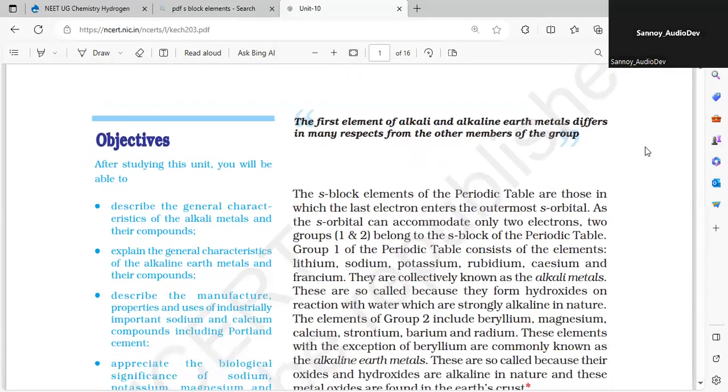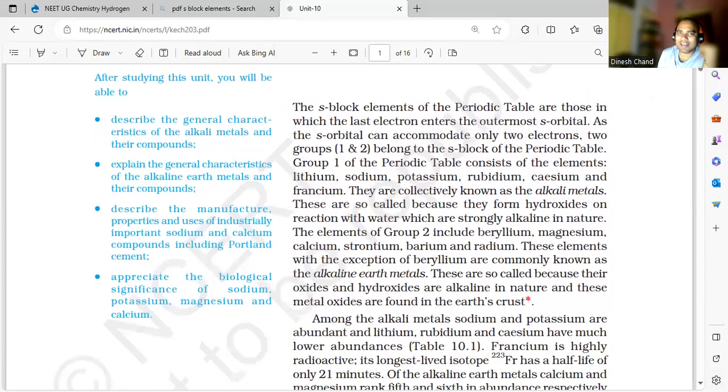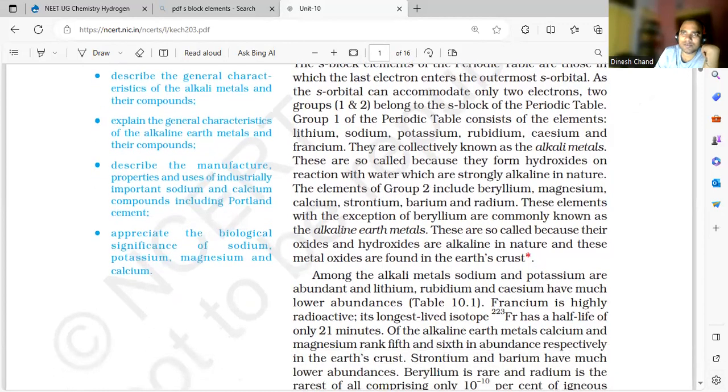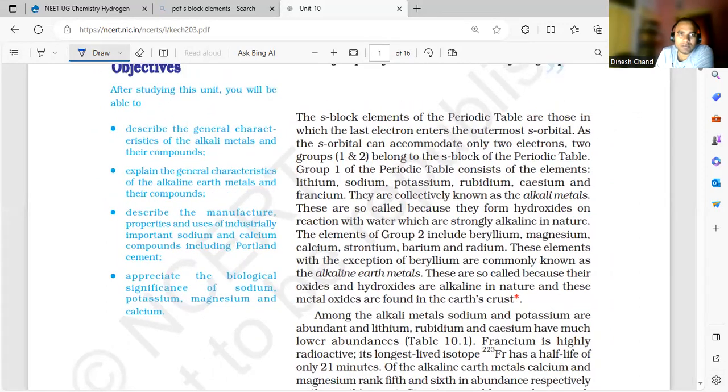See here, we are going line by line through NCERT, and if we deal with the NCERT, most of the things will be clear. What are the first points? If you study this, the s block elements, see what they are saying.